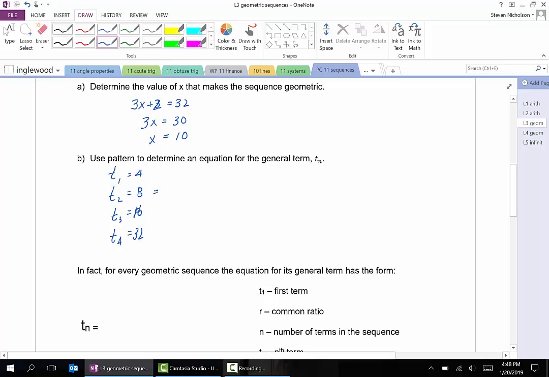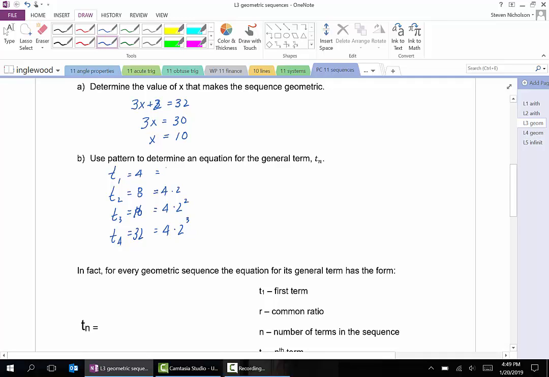So 8 is equal to 4 times 2. And 16, I know it's equal to 4 times 4, but really it's equal to 4 times 2 times 2 in our pattern. And similarly, 32 is 4 times 8, but that's 4 times 2 times 2 times 2 in our pattern. And what we might notice is, wow, we have this pattern here.